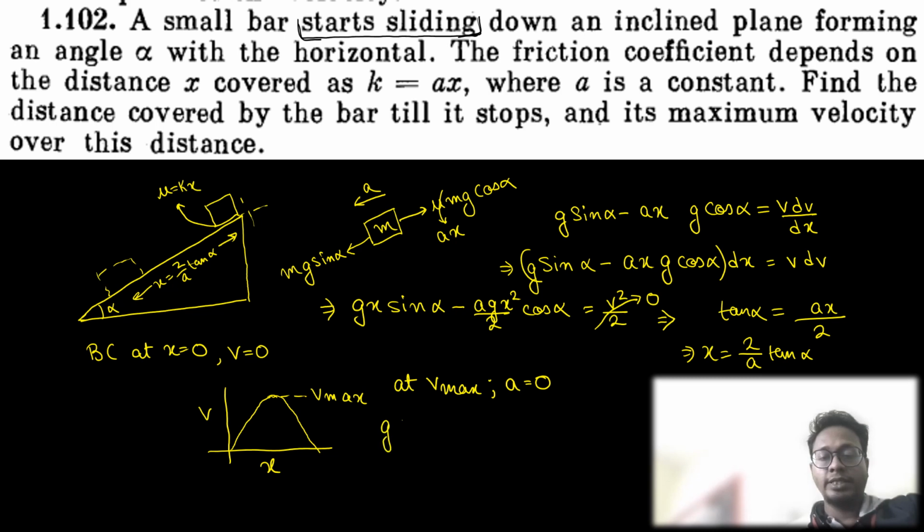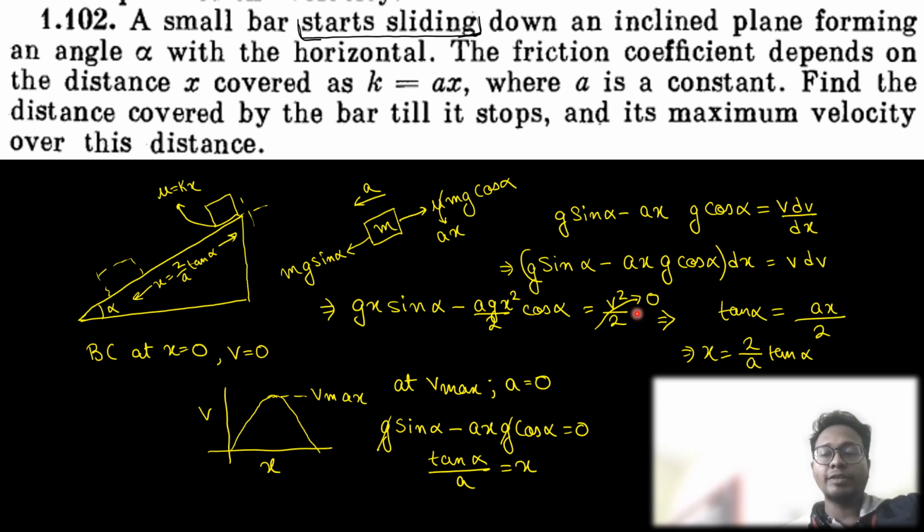G gets cancelled, so tan alpha by a is equal to x. x is equal to tan alpha by a. Okay, now the question is asking what is the value of that maximum velocity.